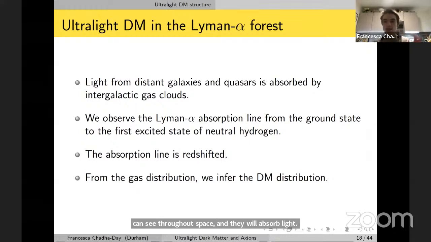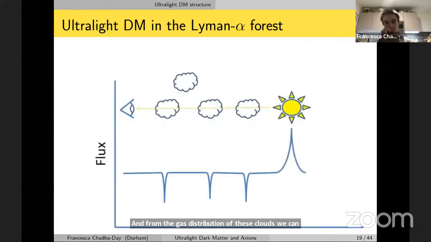In particular, there's an absorption line called the Lyman alpha absorption line, which is from the ground state to the first excited state of neutral hydrogen. This absorption line is going to be redshifted depending on where that cloud is relative to us. And from the gas distribution of these clouds, we can infer the dark matter distribution.